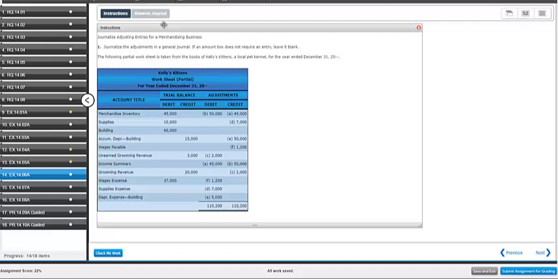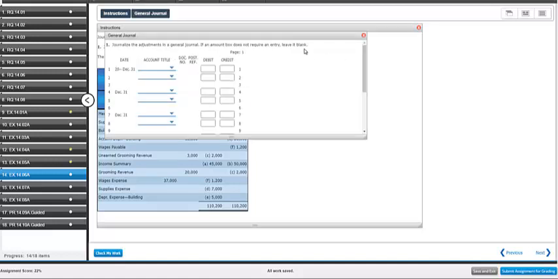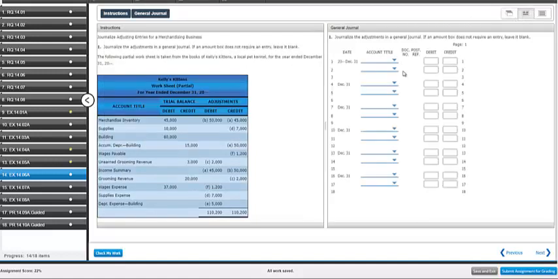We have to physically move it over to the general journal before we can post it to our general ledger and update our accounts. It looks like we're going to do all of our adjustments here, and we'll start with A. A and B are going to be our inventory adjustments.